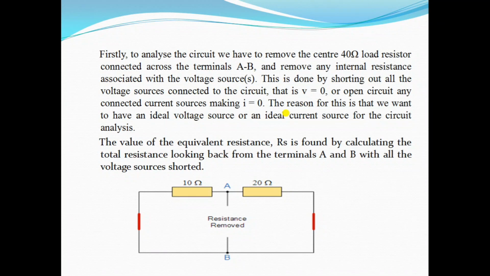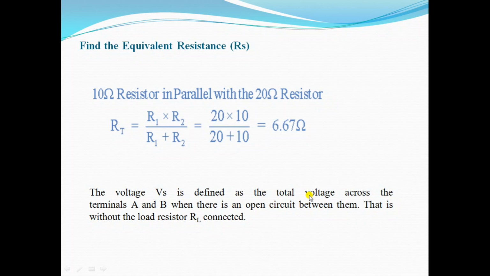You can see here, when I made the short circuit at the left hand side and also the right hand side, these resistances become parallel to one another. So that's why I have taken the formula R1 into R2 divided by R1 plus R2.